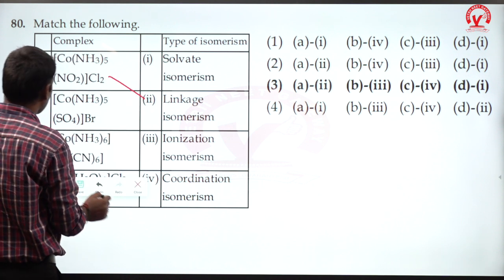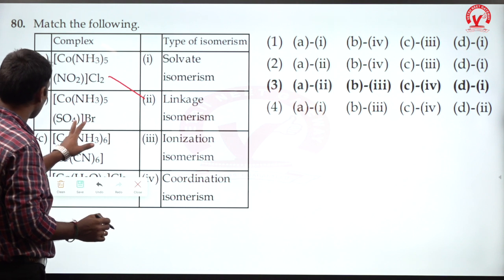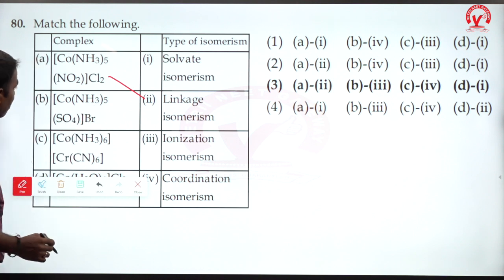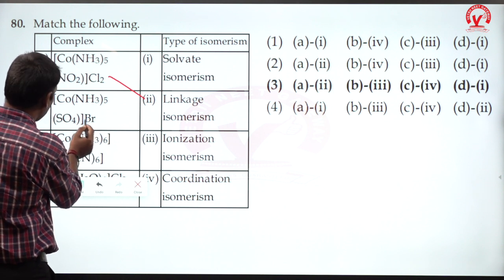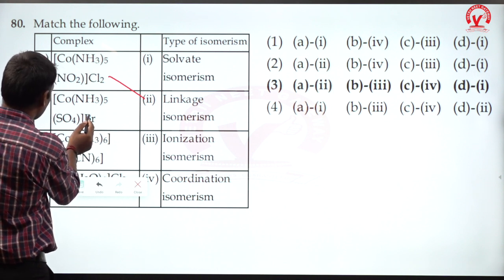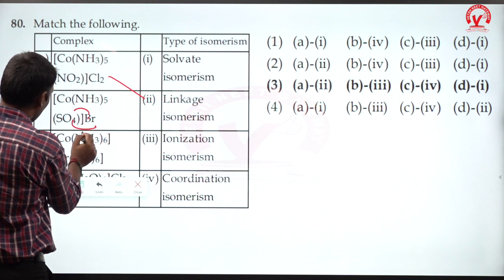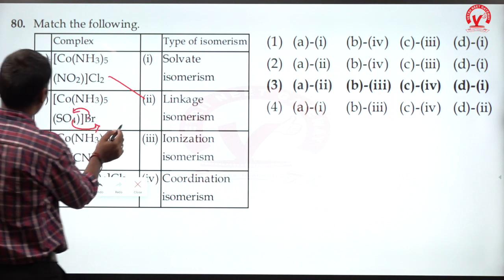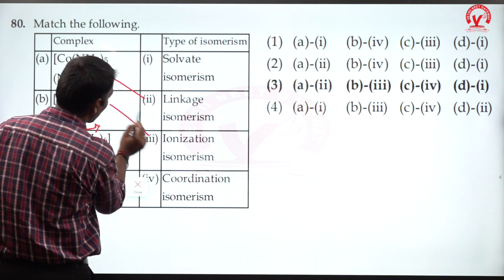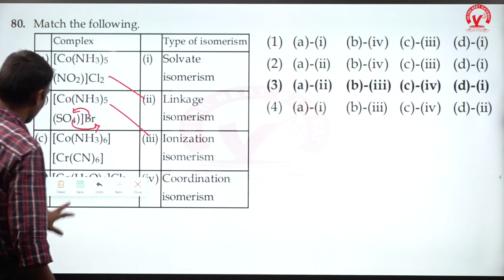Then we can observe in this case Co(NH3)5SO4Br; here we can observe ionization isomerism. SO4 comes out, Br goes inside. So B is ionization isomerism.